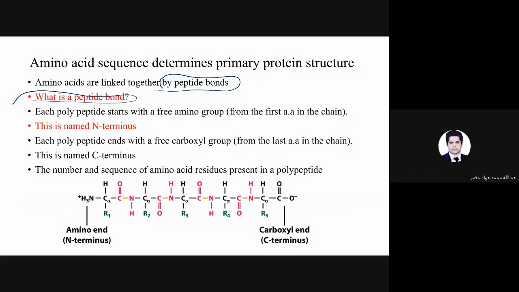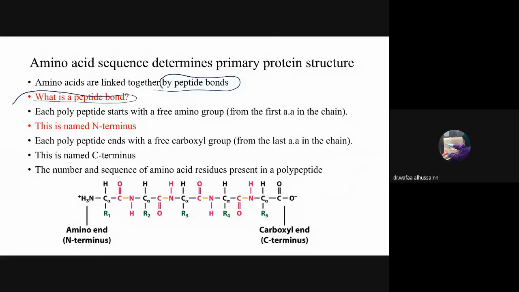Go ahead. Peptide bond is like a covalent bond, but here, because it joins the two amino acids together, we give it another name. Sure. So the peptide bond joins two amino acids together, but what is it?